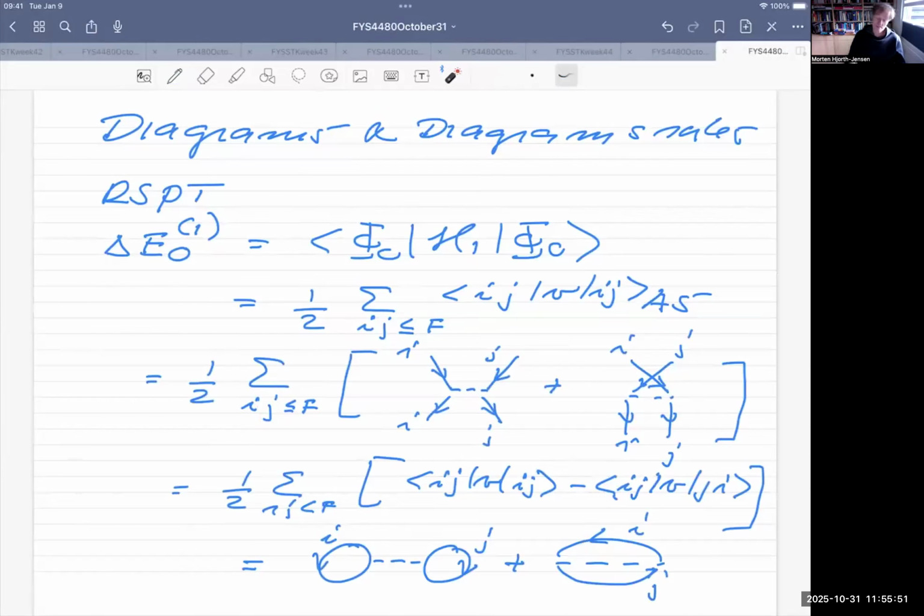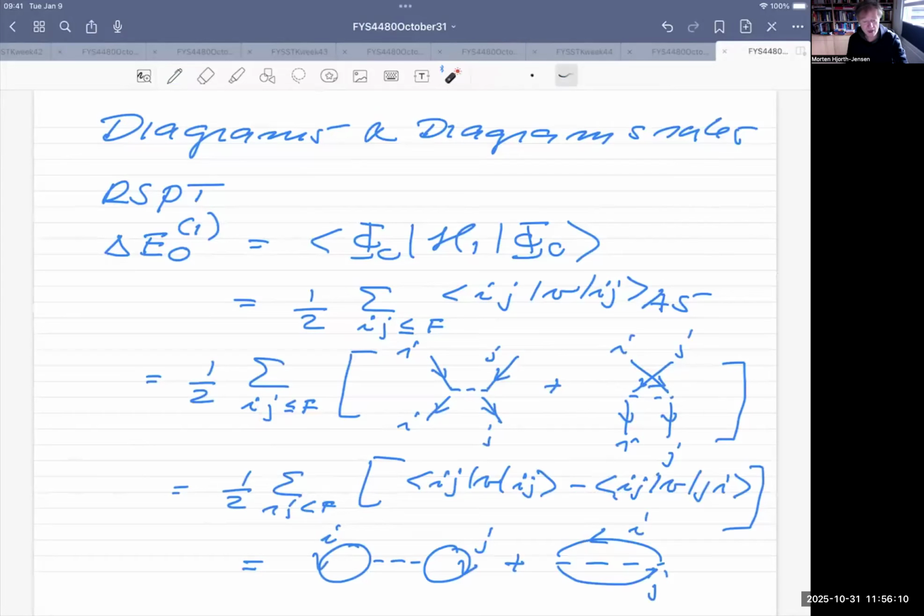When we now look at the terms to second order, let's now look at how we can represent these terms and how we can think of the processes which lead to the setup of the expressions.